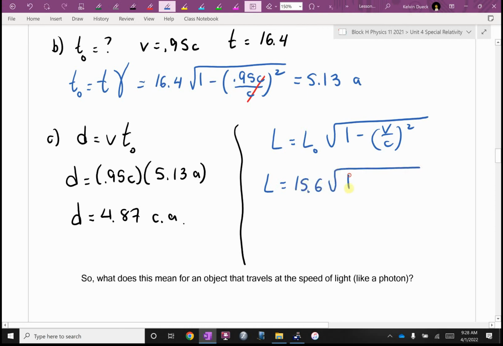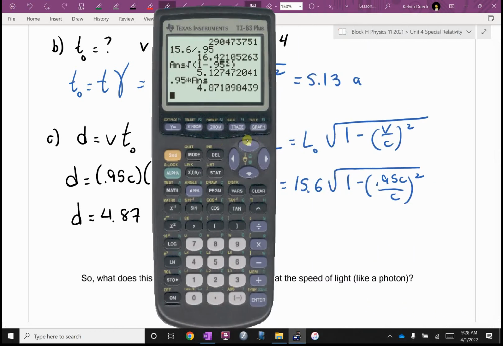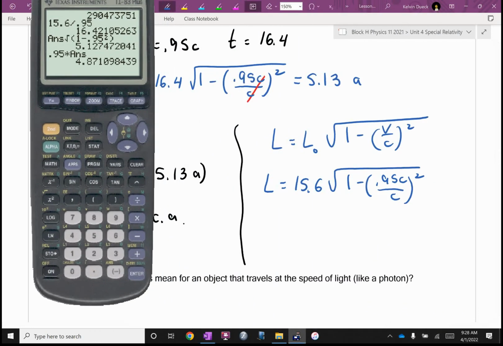Times the square root of 1 minus 0.95c over c, all squared. So I got 14.87109843, using my answer button all the way through. Casey, if I use the length contraction equation, where's my typo?